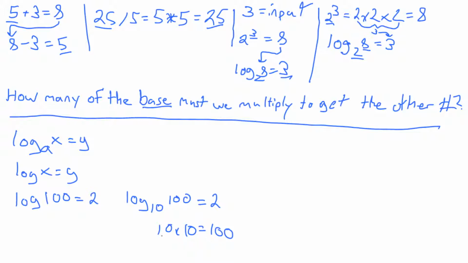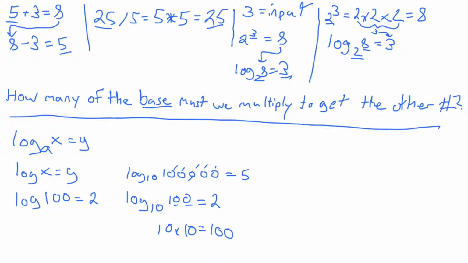And then the shorthand way to do this is that you just count the number of zeros. The number of zeros is going to be the number of times that you have to multiply 10 together. For example, log base 10 of 100,000 is going to be equal to 1, 2, 3, 4, 5, so 5. 10 times 10 times 10 times 10 times 10.